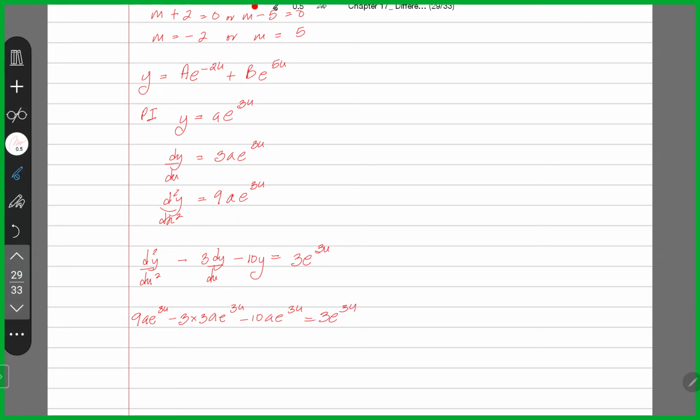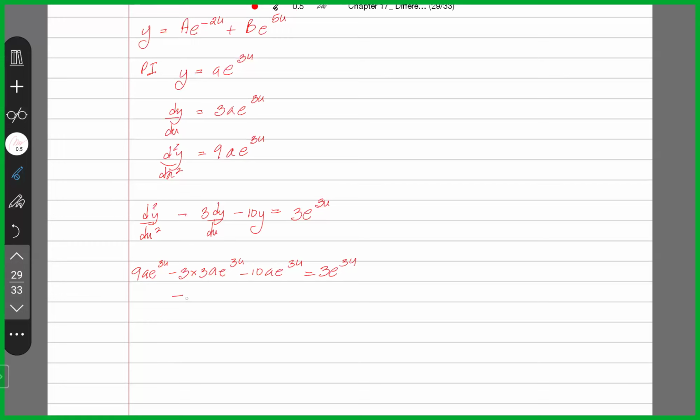Once we do that, we're going to end up with minus 10a e to the 3u is equal to 3e to the 3u. Therefore, a would be equal to minus 3/10.